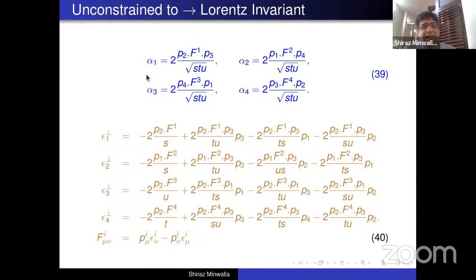The alphas can be given in terms of these Lorentz invariant and manifestly gauge invariant combinations of these polarization vectors by these formulas, where F3 is P3 mu epsilon 3 nu minus P3 nu epsilon 3 mu. And these epsilon perpendiculars can also be expressed completely in terms of gauge invariant variables.